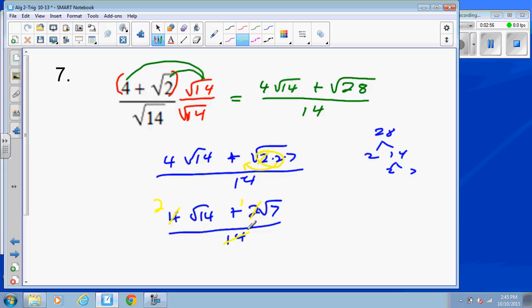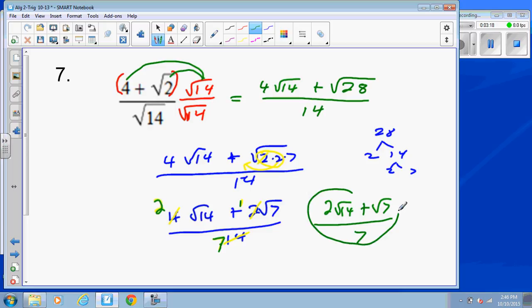Divide this by 2, that becomes a 7. The answer then becomes a 1 and a 7, and a 2. So the answer then would be 2 square root of 14 plus the square root of 7 all over 7. And that's the answer.